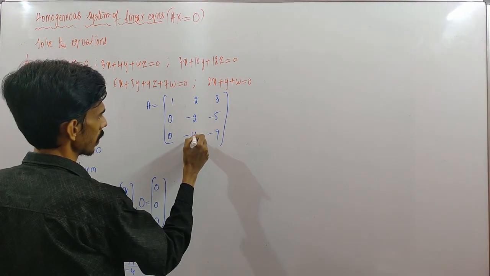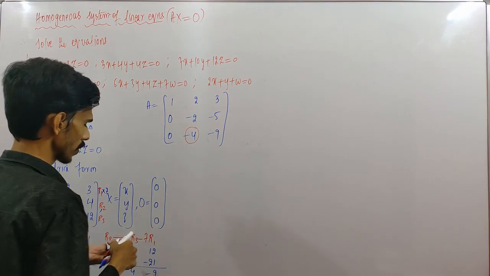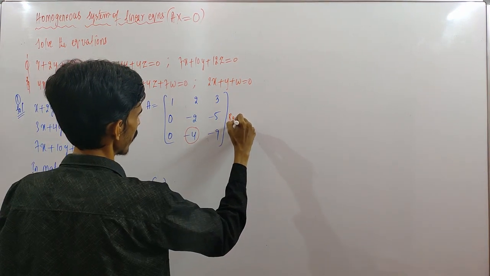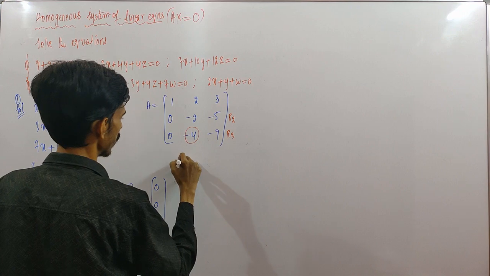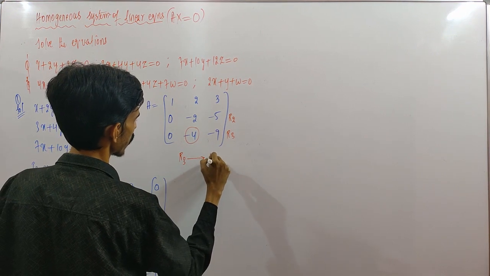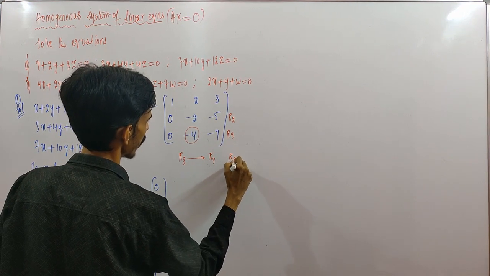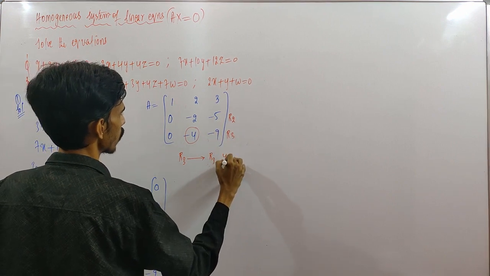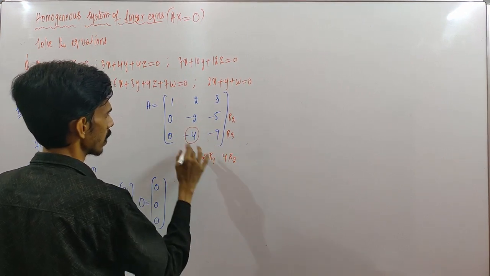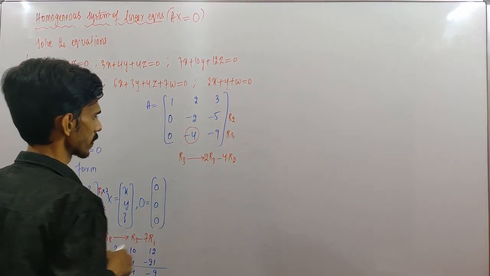Now, making this element 0, here we have R2, R3. Applying a row transformation on the third row, R3 with the help of R2: 4R2 and 2R3, both have the same sign, put minus.